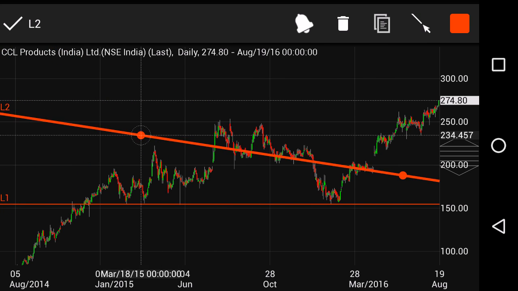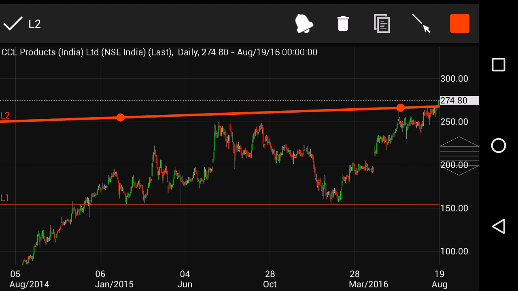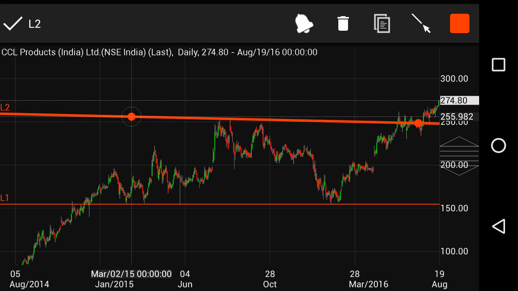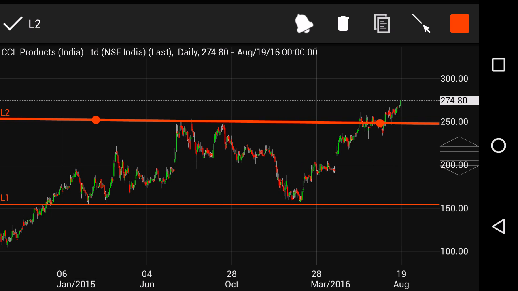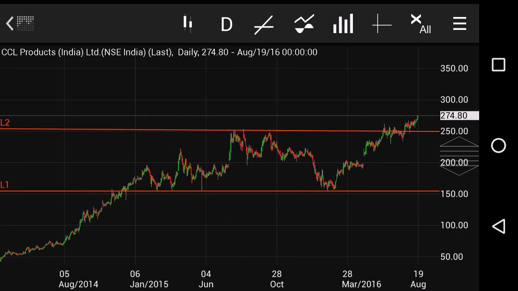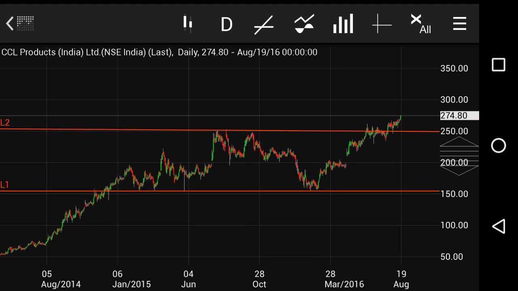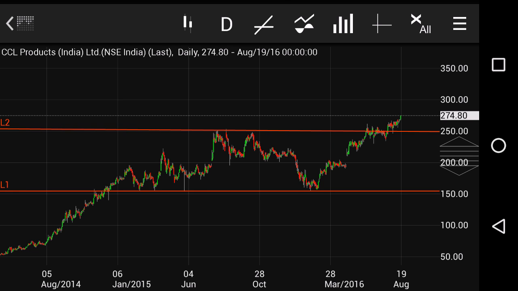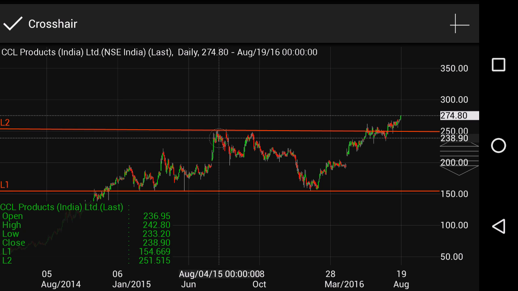So we'll turn this chart. It's kind of a channel breakout. I don't think the stock will go below 240 again now. 240 to 30 zones. It should complete the channel pattern. It has made a good base around 150, 155 to be precise.